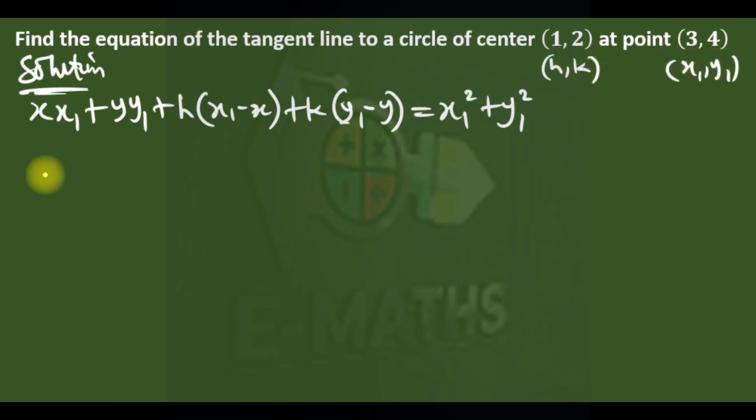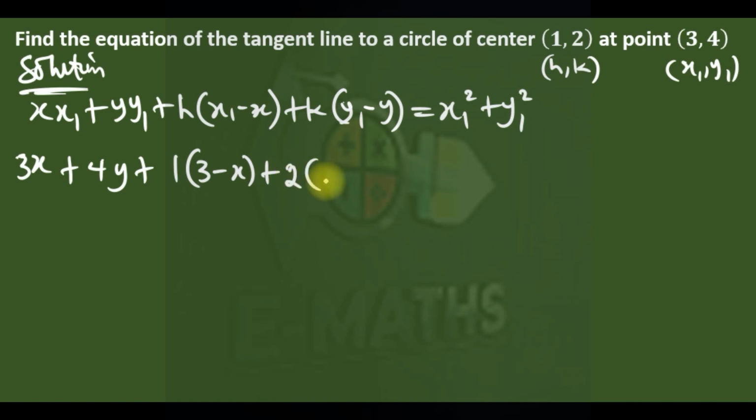So we substitute: x1 is 3, so 3x plus 4y, plus h which is 1 times 3 minus x, plus k which is 2 times 4 minus y, equal to 3 squared plus 4 squared.